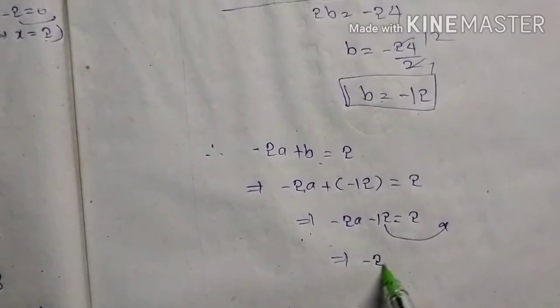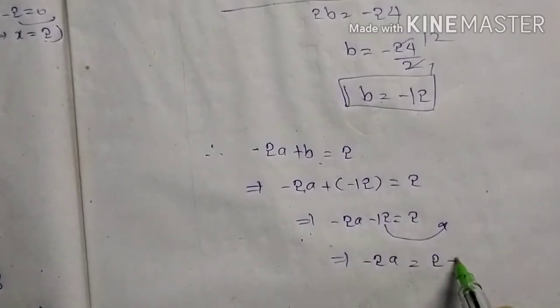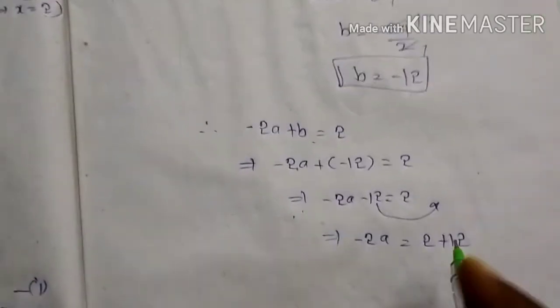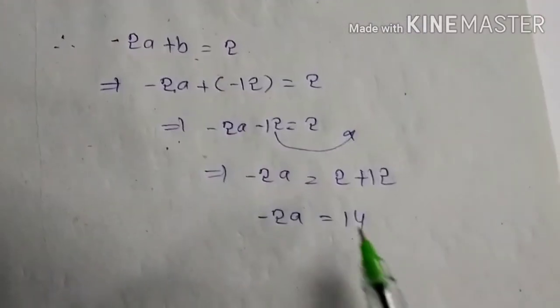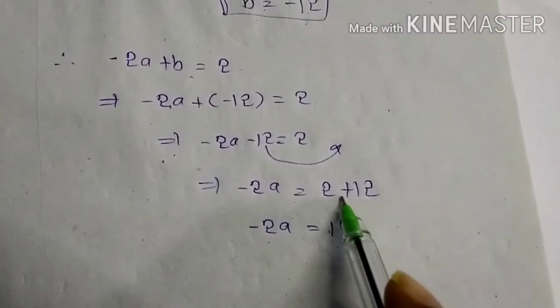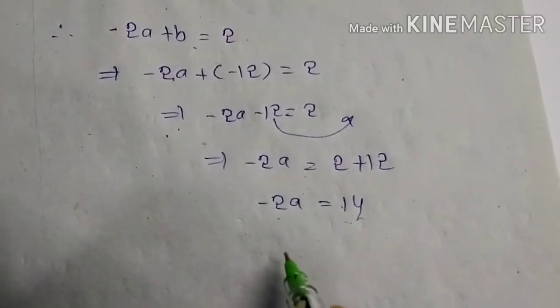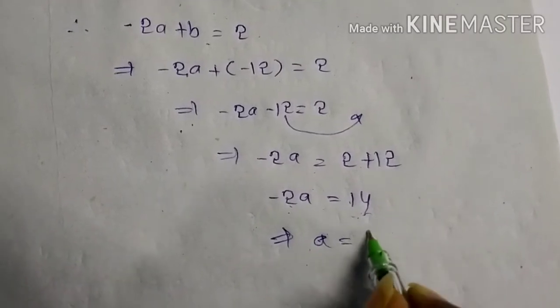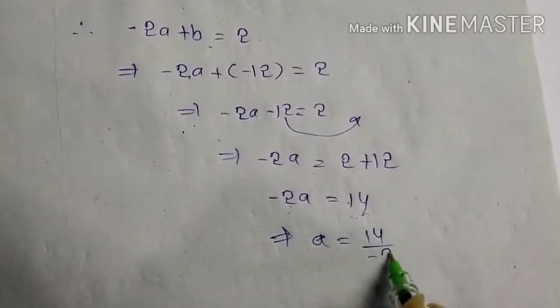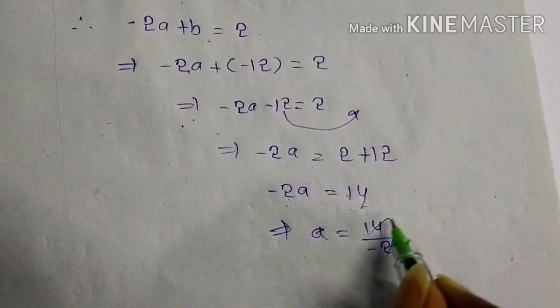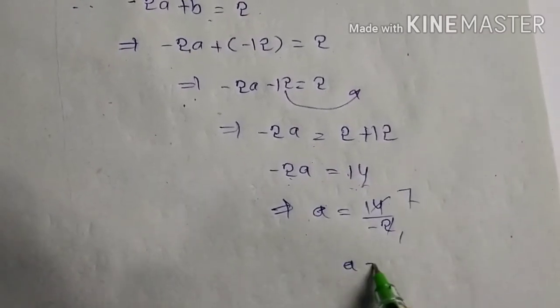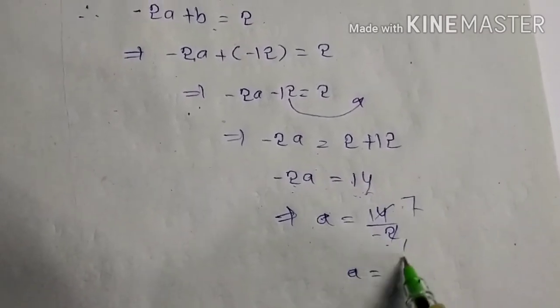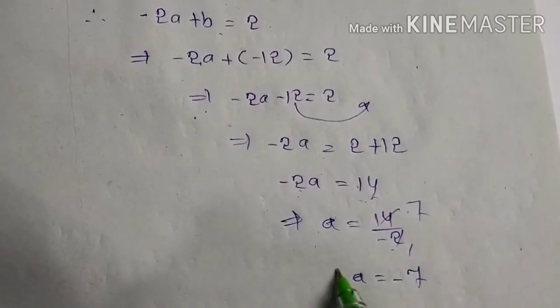You will get minus 2a is equal to 2 plus 12. 2 plus 12 is how much? 14. That means you can transpose minus 2 to the RHS. Can I write here a is equal to 14 by minus 2? That means 2 sevens are 14. You are getting a is equal to 7 by minus 1. That means you are getting minus 7.